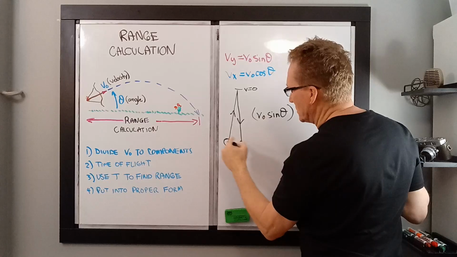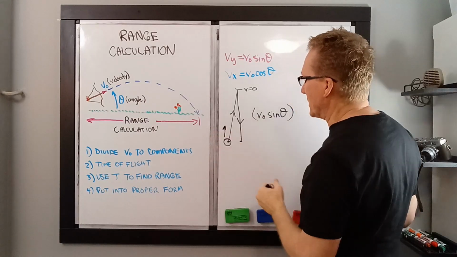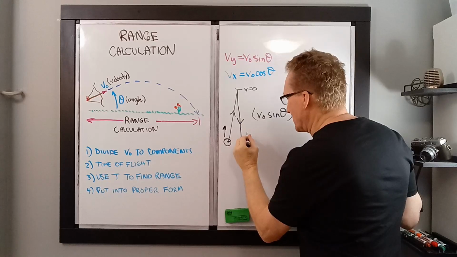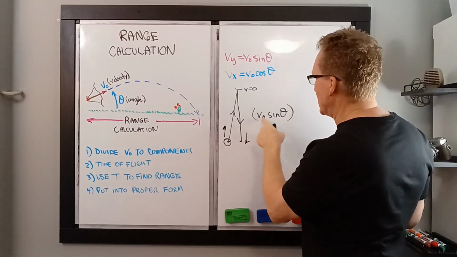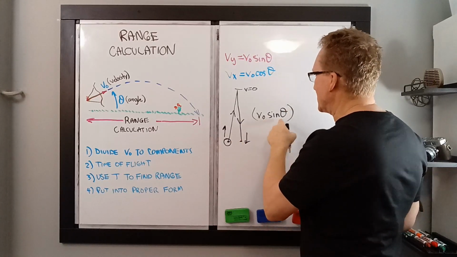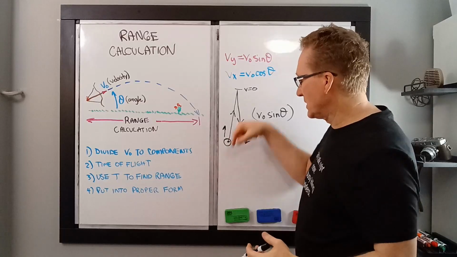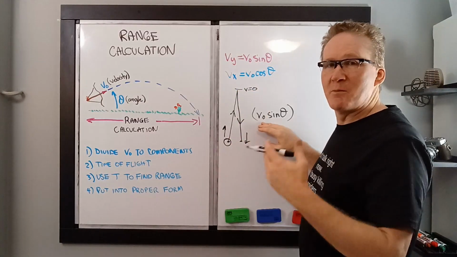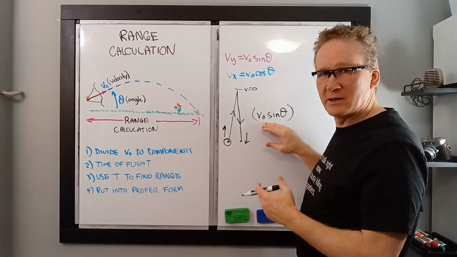And it turns around, hits 0, comes down again, and when it hits the ground, the velocity would again be v0 sine theta. Of course, it's going in the negative direction rather than the up direction, but the quantity would be the same.